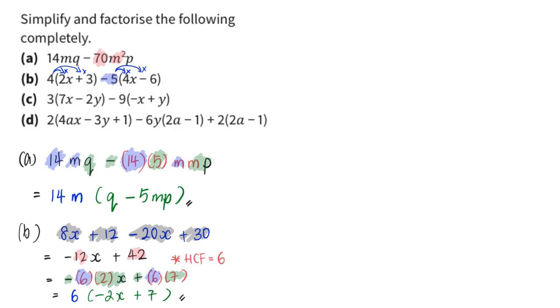Part C as well. We must first expand and simplify first. This will give me negative 6y. Again, this is negative 9 multiplied by negative x, positive 9x, negative 9 times positive y is negative 9y. And I continue to simplify the like terms. Slowly, this will give me 30x.